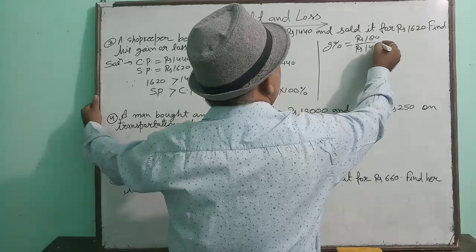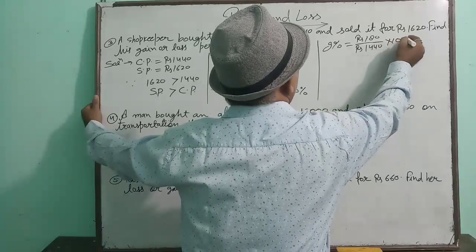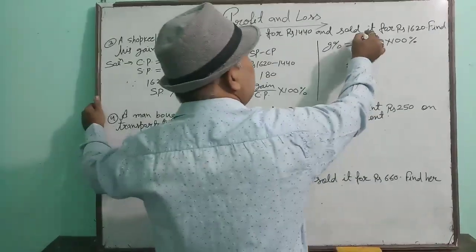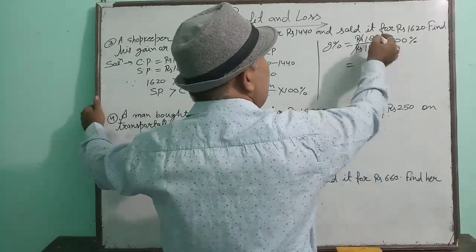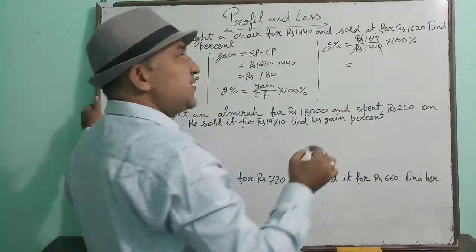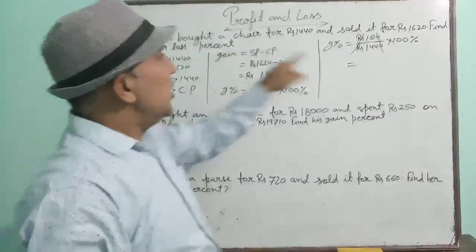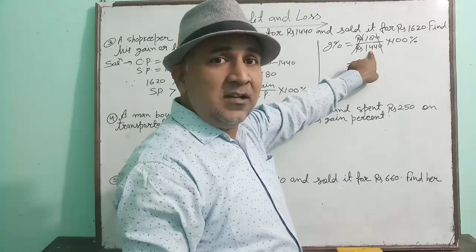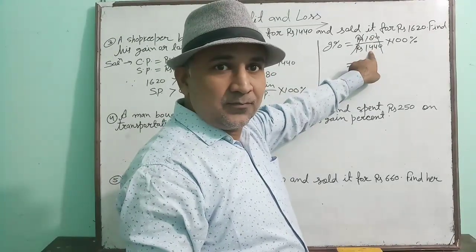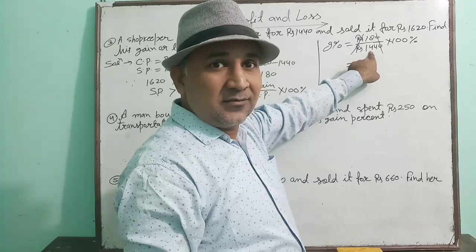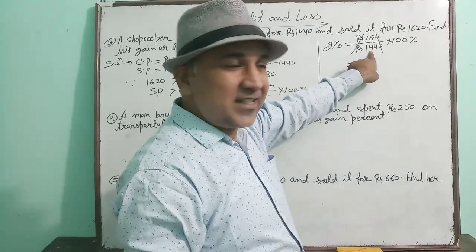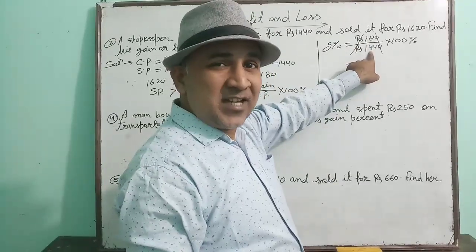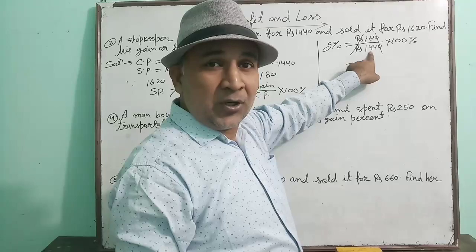Cost price is 1440, into 100%. Both the units are cancelling each other. 0 and 0 are cancelling. Now 18 divides 144 how many times? Is this correct? 8 times. 18 into 8 is 144. You can check it. Learn the table till 20.